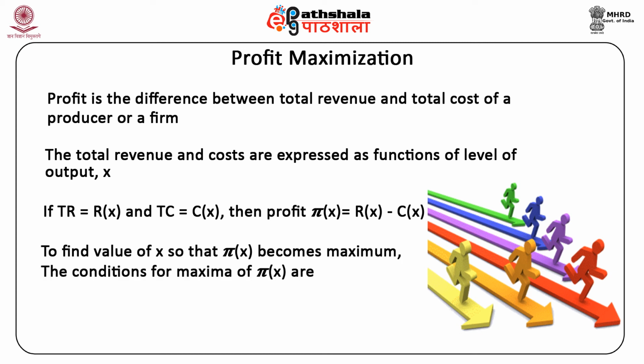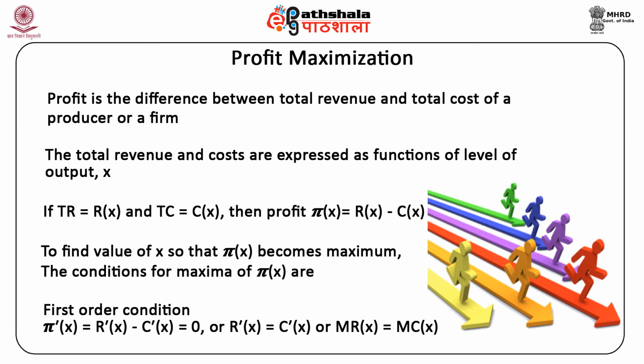We want to find that value of x where profit pi becomes maximum. The first order condition for maxima of pi(x) is pi dash x equal to R dash x minus C dash x equal to 0, or MR(x) is equal to MC(x).